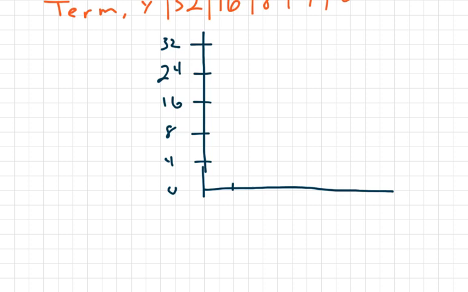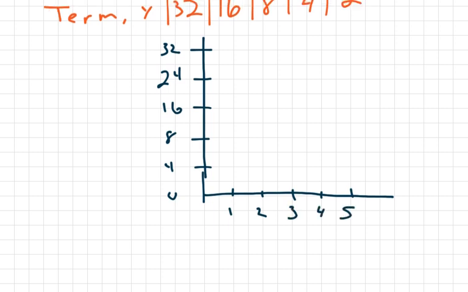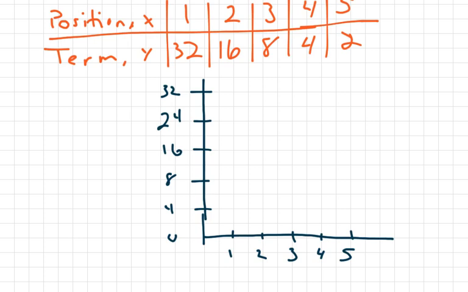And then 1, 2, 3, 4, 5, and we'll label those 1, 2, 3, 4, 5. So let's put our ordered pairs on the graph. We've got 1, 32, which would be right there. 2, 16 is there. 3, 8 is there. 4, 4 is there. And 5, 2 is going to be right in there.